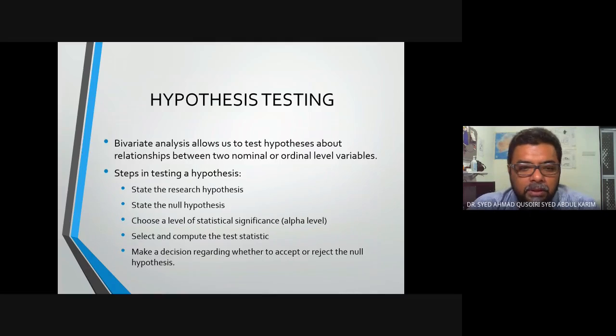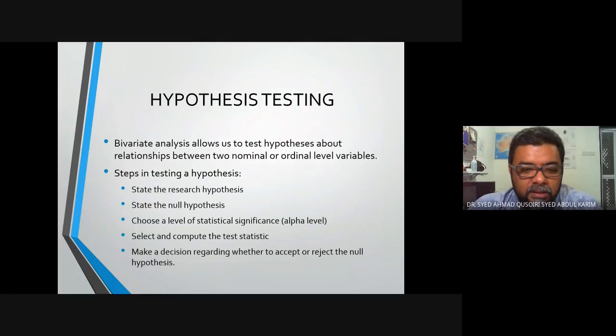You have to come up with a research hypothesis and then state the null hypothesis. An easy way to think about this is the research hypothesis is all about yes, yes, yes, agreed, agreed, whereas the null hypothesis is about no, no, no. It's the opposite of the research hypothesis.